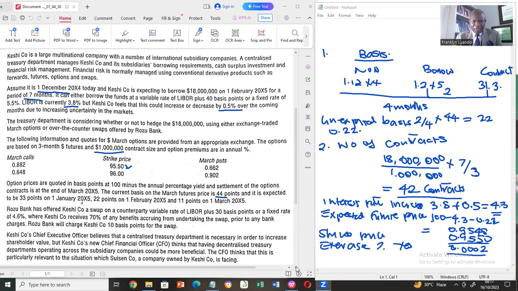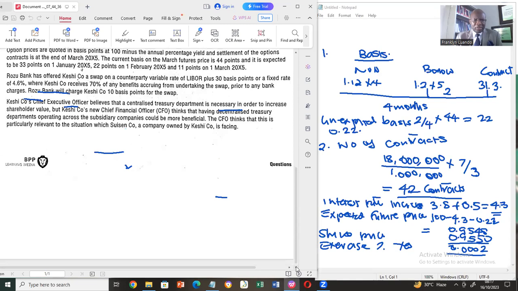The total profit will be 0.0002 multiplied by contract size, 1 million, multiplied by the number of contracts, 42.